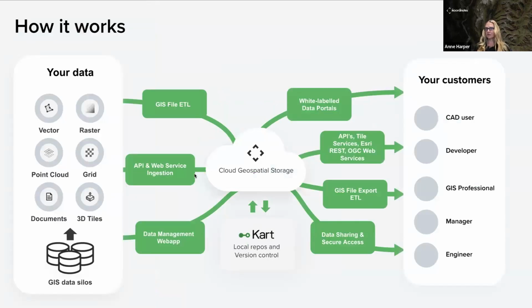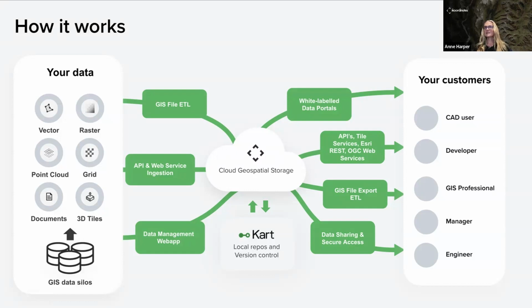And here's a quick overview of how it works. If you have your data over here, we support imagery, point clouds, 3D tiles are coming soon, and then your traditional vector, raster, and grid data, documents, all those things that you need for your geospatial modeling. You can load it up into your cloud site through the data management web app.